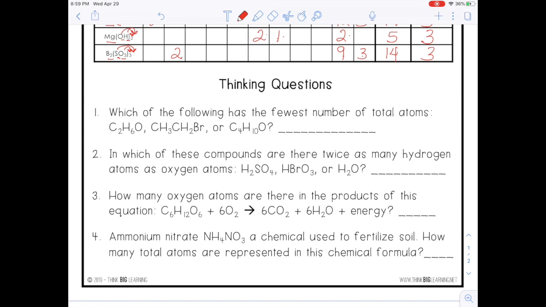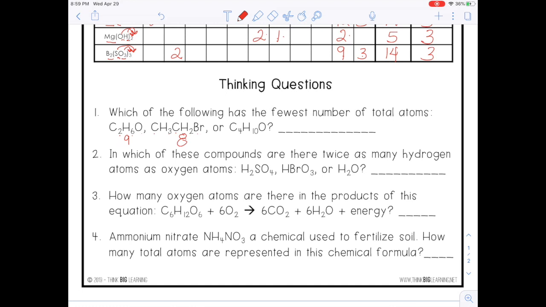Which of the following has the fewest number of total atoms? Okay. For C2H6O, I have 2 plus 6 is 8, plus 1 more is 9. CH3CH2Br, I have 1 plus 3 is 4, plus 1 is 5, plus 2 is 7, plus 1 is 8.